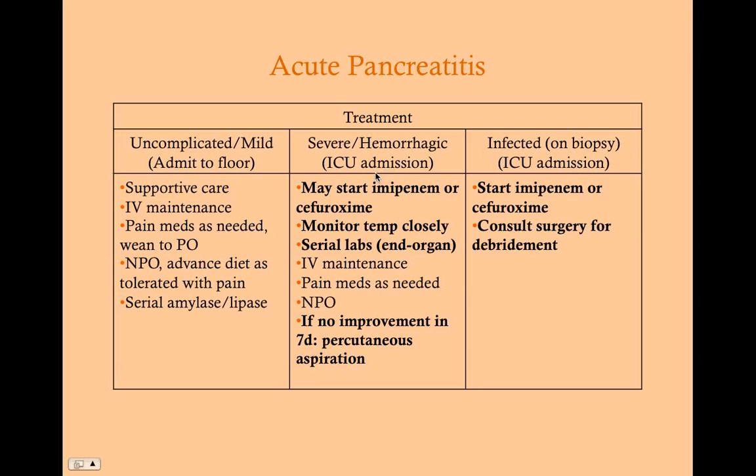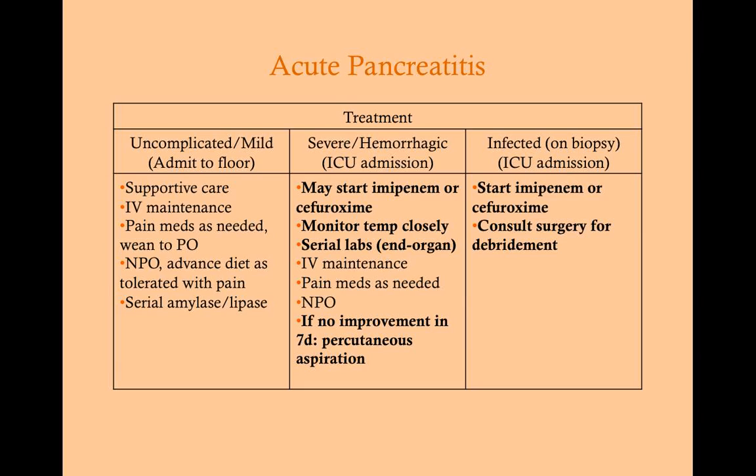Now, if the patient has a severe or hemorrhagic pancreatitis based on CT or presumptively based on your initial Ranson's criteria, you're going to want to admit this patient to the ICU. There's 2 really important things that you should be doing, and one is to start broad-spectrum antibiotics.